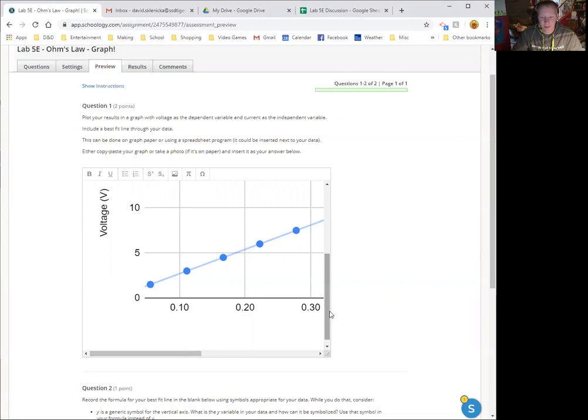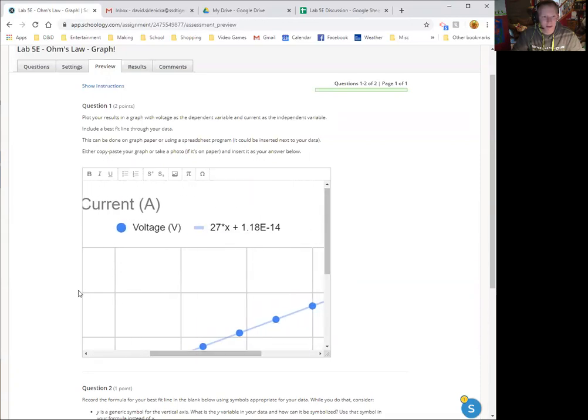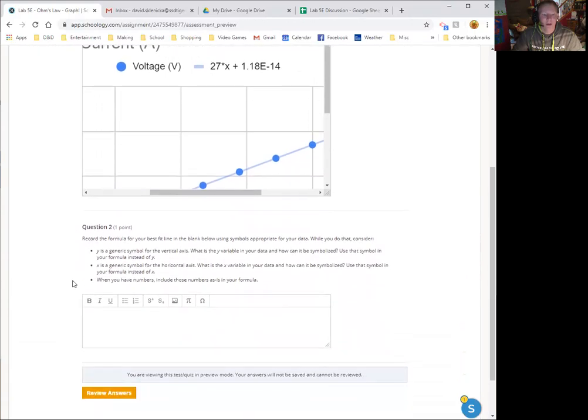I'm going to scroll up so we can see this part, the formula part for the next question. Now, down here, it says record the formula for your best fit line, which I've got right up here in the blank using the symbols appropriate for your data. So we know that every line has a form of y equals mx plus b, m times x plus b.